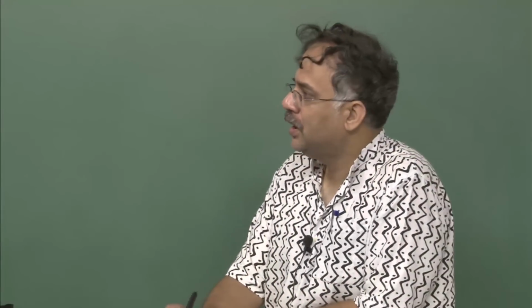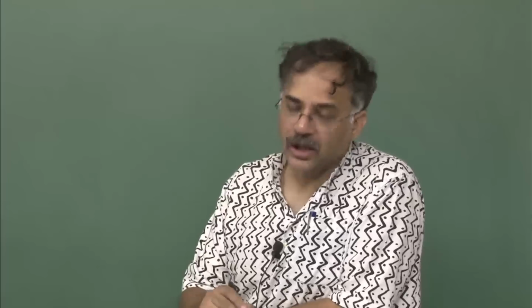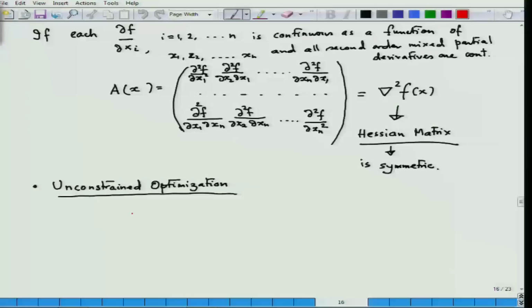So, today we are going to concentrate on unconstrained optimization, that is, here we are going to look at minimizing f(x) where x is in R^n, the whole of R^n. Now, what are the two aspects of this problem? Any optimization problem has two aspects.